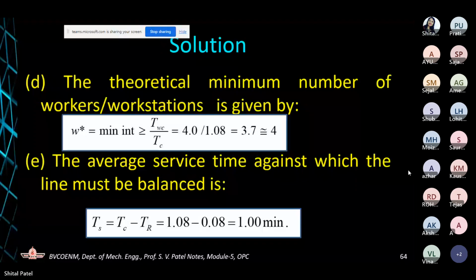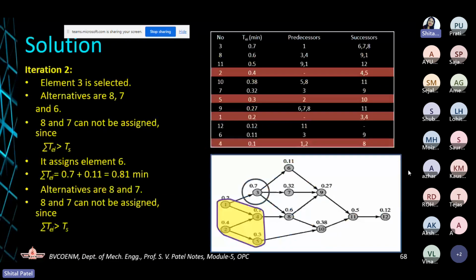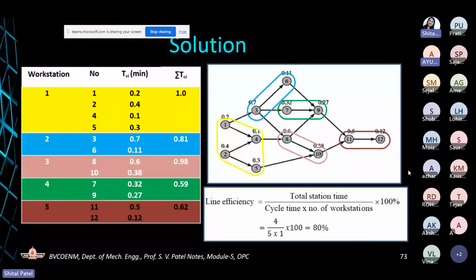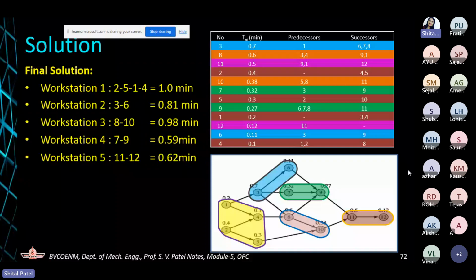Then you need to prepare this table according to the method, that is, the largest candidate rule. The network diagram you have already prepared, so you can just project it in any shape, grouping the activities into workstations. Here I have grouped activities 1, 4, 2, 5 in square form as workstation number 1.